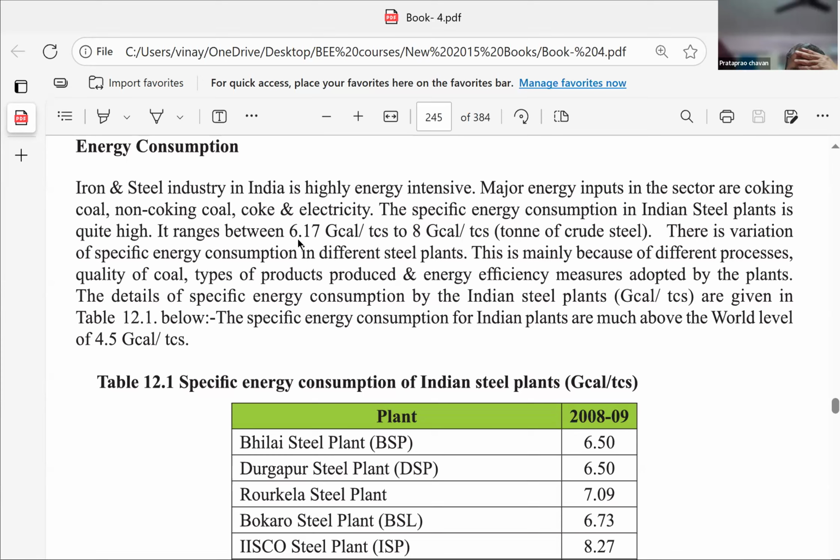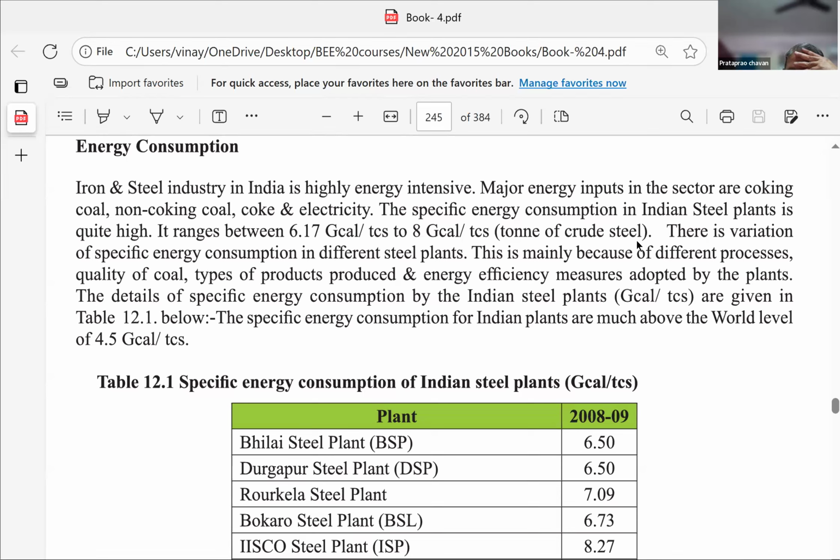It ranges between 6.17 gigacalories per ton to 8 gigacalories per ton of crude steel. Crude steel means which is further processed for making into finer finished products. This is the basic input for all finer products.